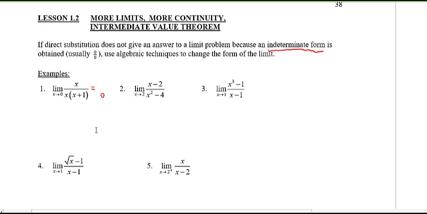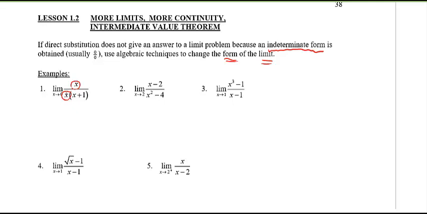So what we need to do is use algebraic techniques to change the form of this limit. For those of you that did your pre-calculus 12 course, hopefully you recognize that this is a rational function with a common factor in the denominator. Does that produce an asymptote or did you think of the word point of discontinuity?